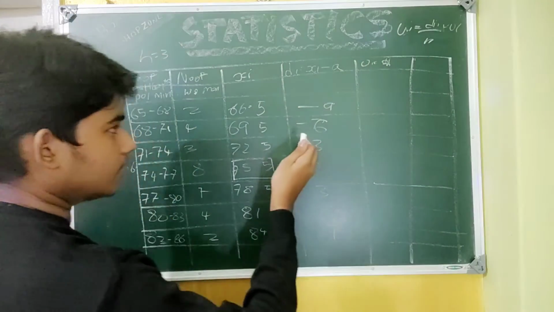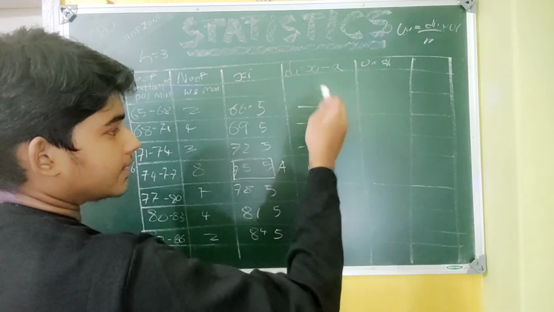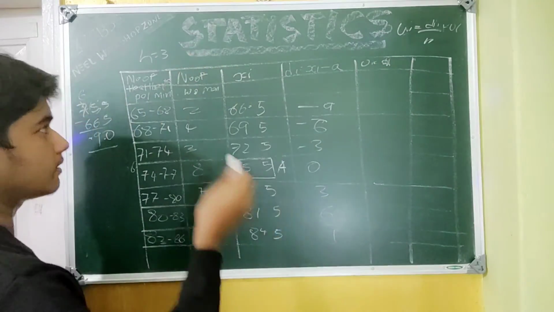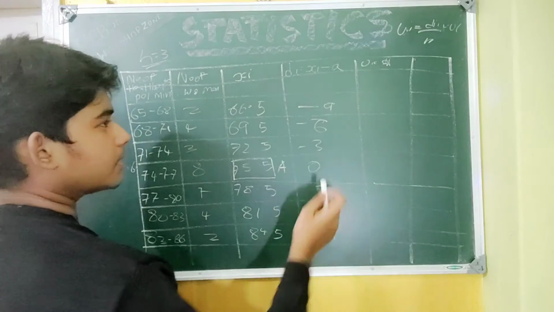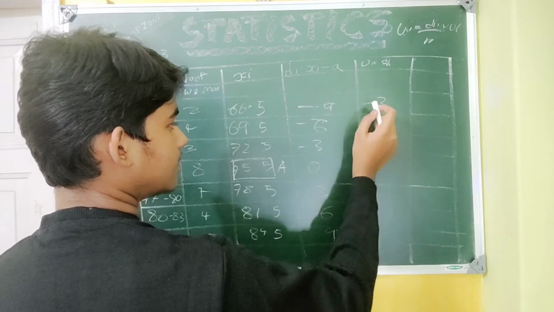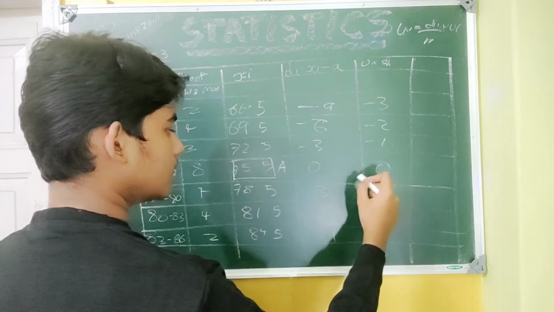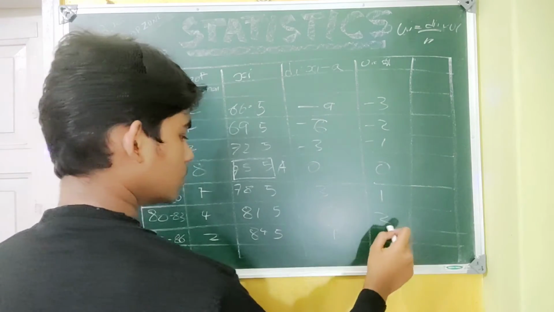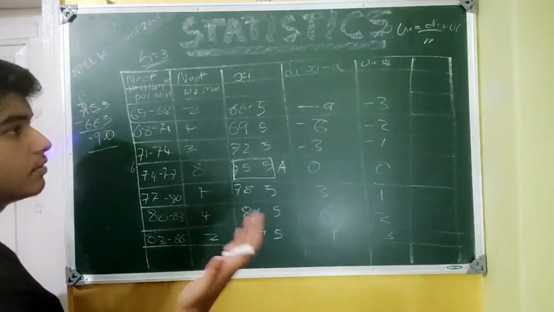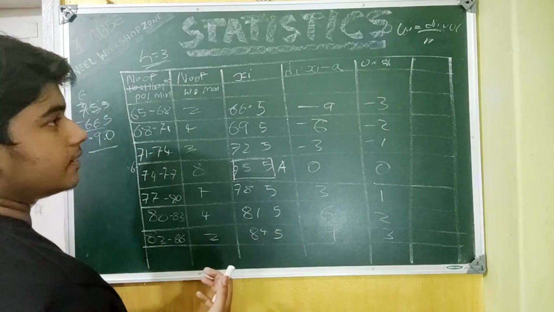That means minus 9 by 3, minus 6 by 3, etc. So we get minus 3, minus 2, minus 1, 0, 1, 2, and 3. So we have gotten the values of ui and di.